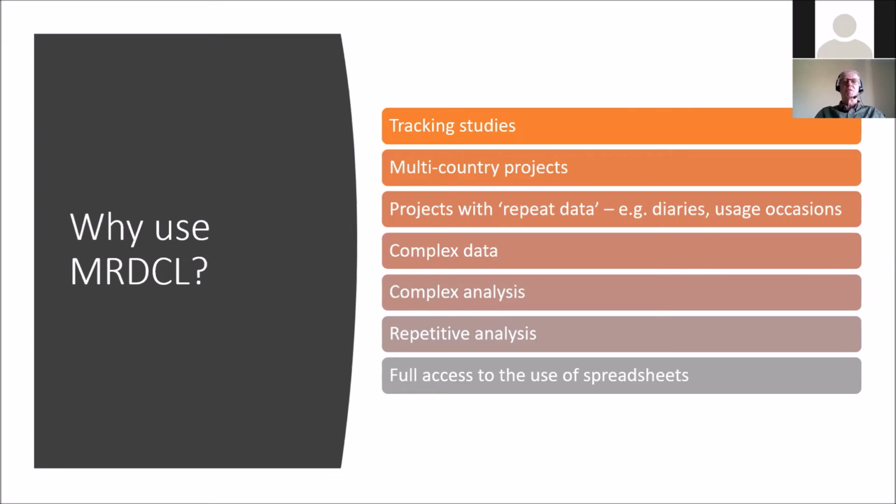I know people have tried in QPS to handle what respondents have eaten at maybe 20 meal occasions over a week, and that is very complex and almost impossible to handle in QPS, but MRDCL will handle all that with script for you. Complex data, complex analysis, repetitive analysis, multiple runs of tables, all those sorts of things are very powerful.